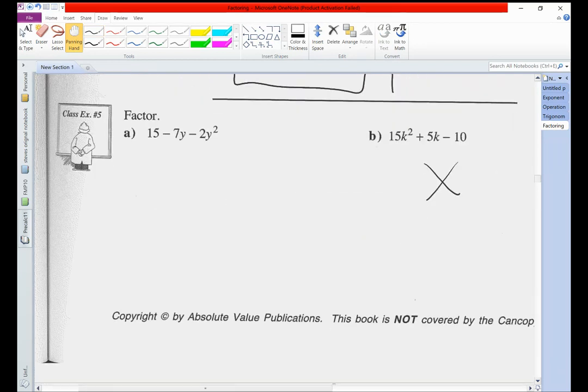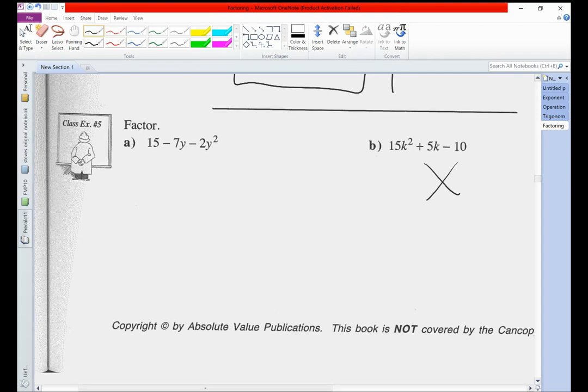All right, the next one is 15 minus 7y minus 2y squared. So they've changed the order of everything. You can flip it around if you'd like, or you can just solve it like this. So actually, check if you can factor that 2 out, because that's the one that's causing issues.